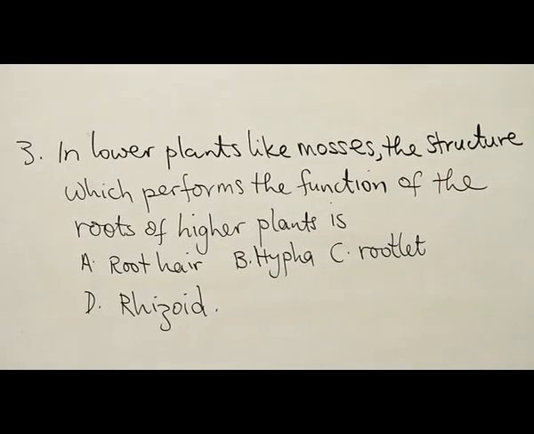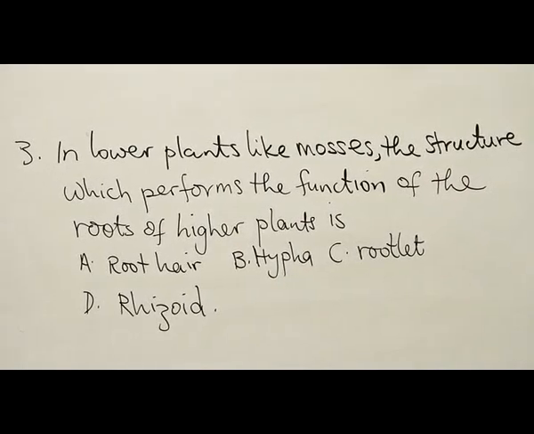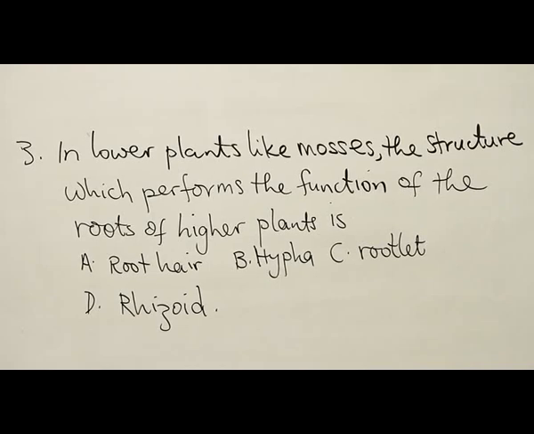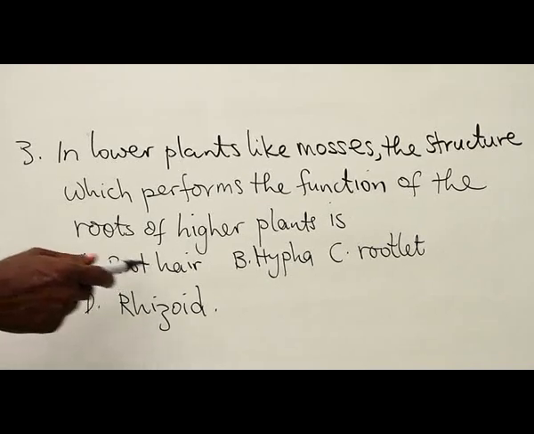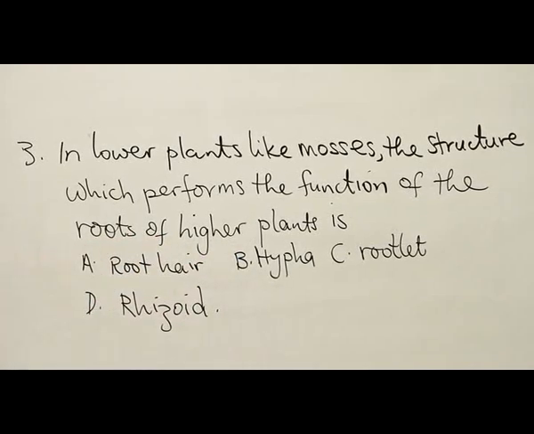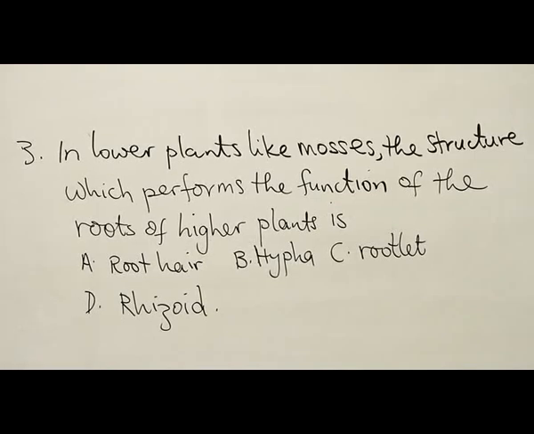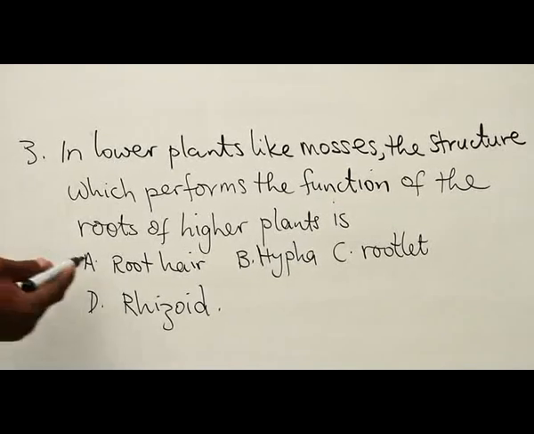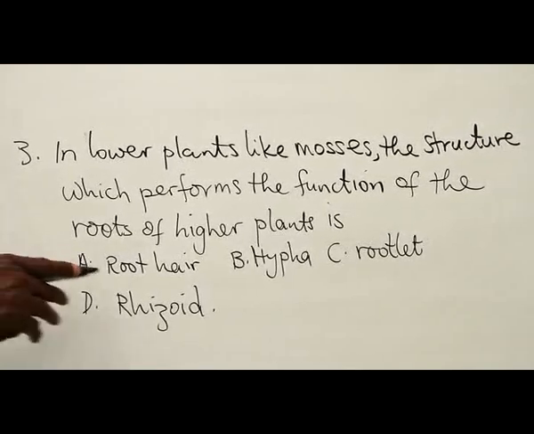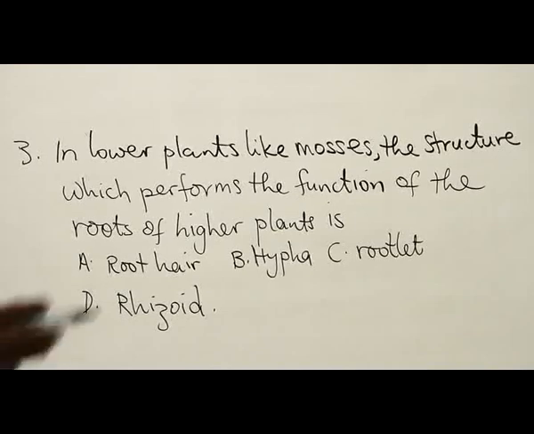Number 3. In lower plants like mosses, the structure which performs the function of the roots of higher plants is A. Root hair. B. Hypha. C. Rootlets. And D. Rhizoids. Root hair is not found in lower plants because you have to get true roots before you can get root hairs.